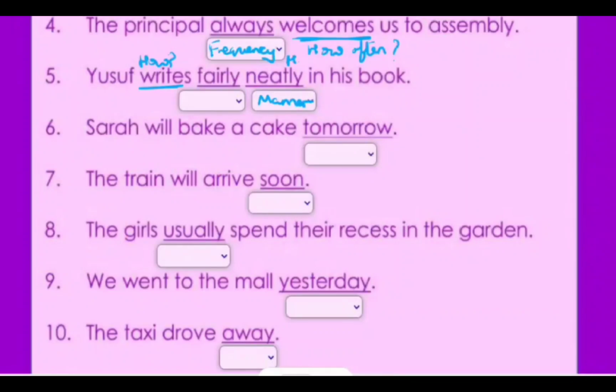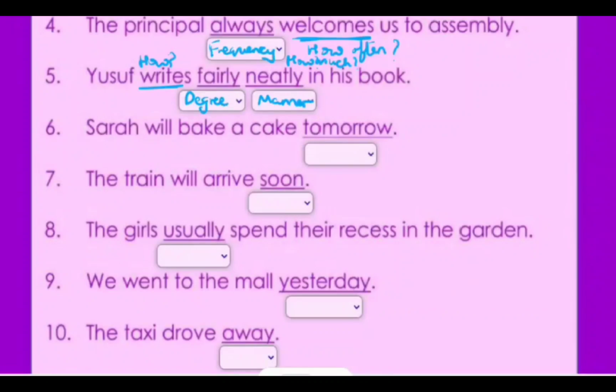Now I'm asking the question to the adverb. Fairly neatly. So it is showing the extent of how neat he is. How much neatly does he write? Fairly neatly. So it is adverb of degree.